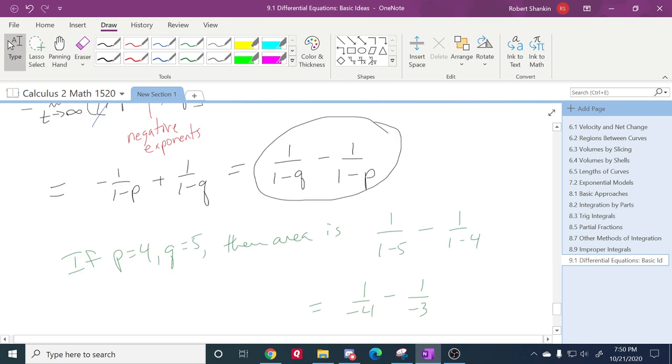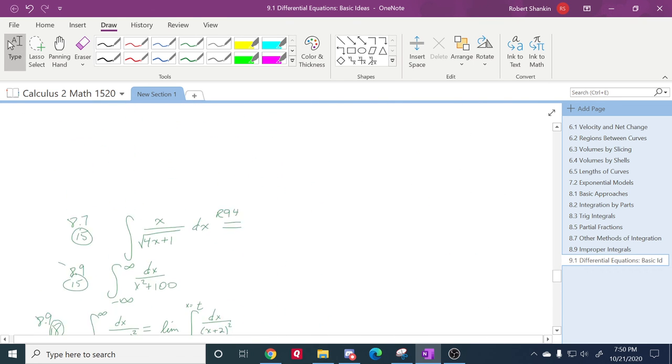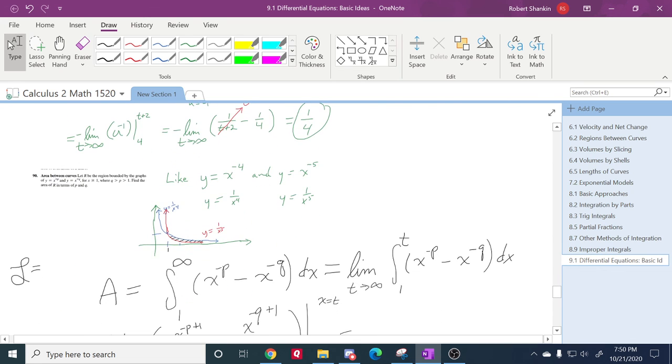So on that picture that I drew over here, although this goes out infinitely far, the whole area is only 1/12 of the square unit. These two curves are incredibly close together.